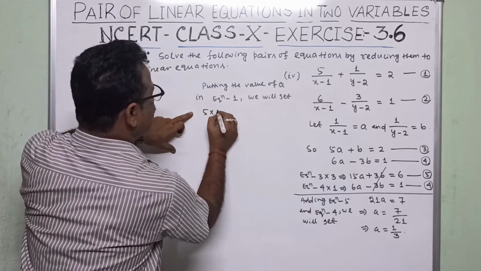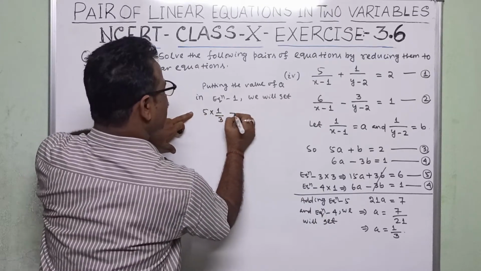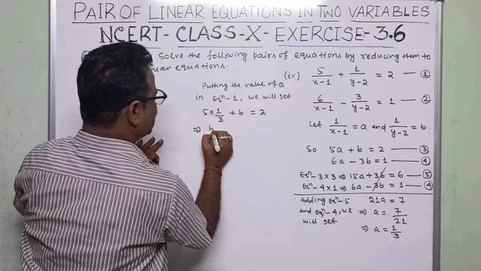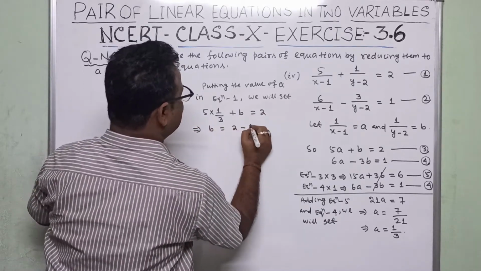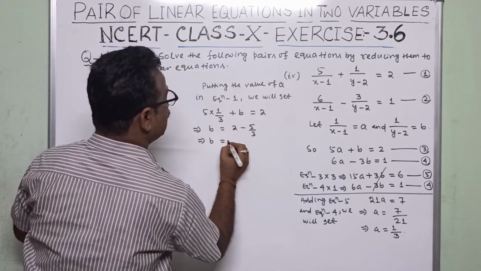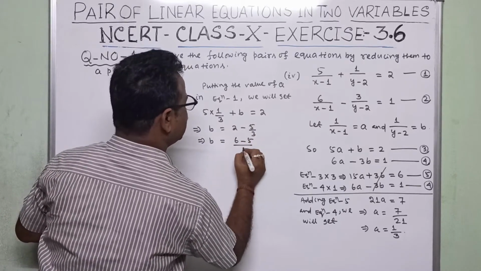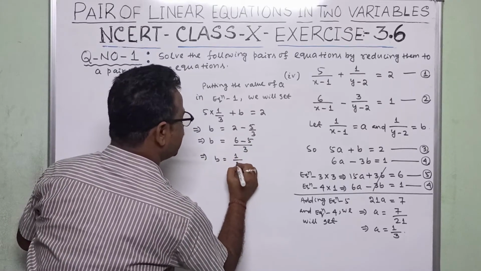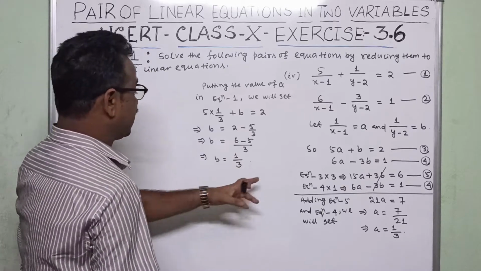So 5 into 1 by 3 plus b is equal to 2. That implies b is equal to 2 minus 5 by 3. That implies b is equal to 6 minus 5 by 3. That implies b is equal to 1 by 3. Now we have the value of a and b.